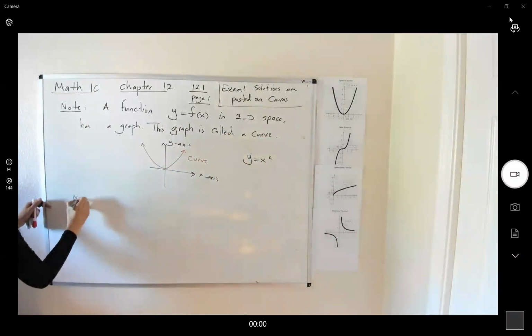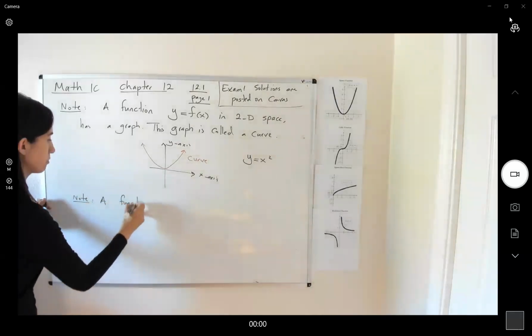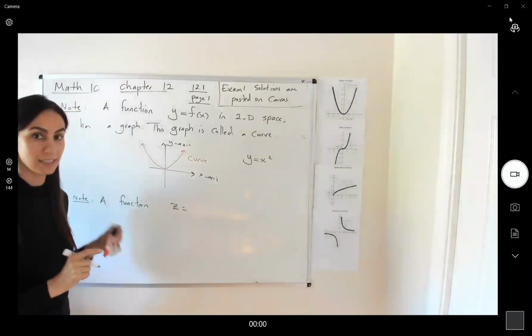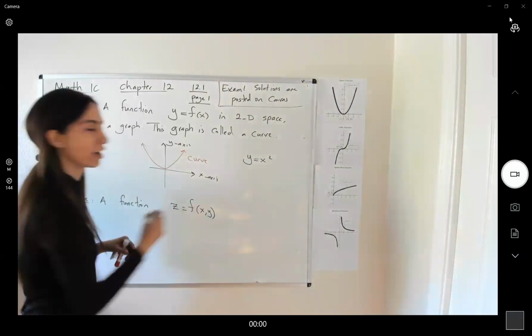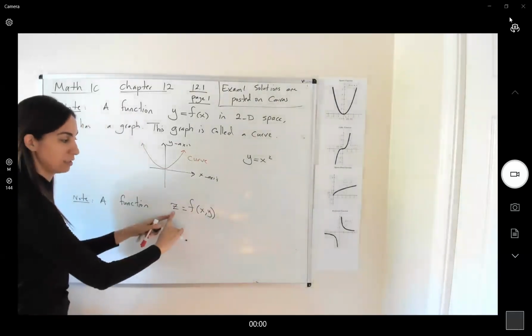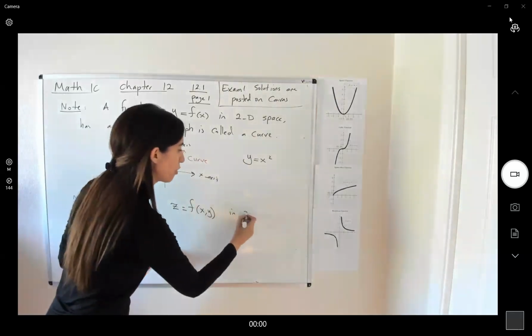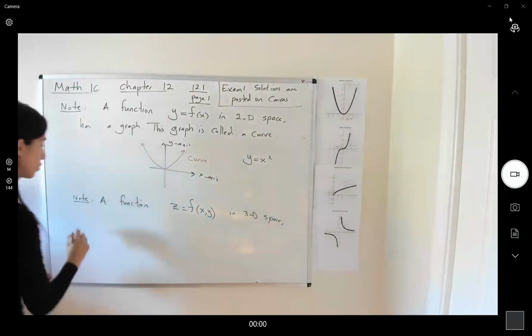Note, a function like z equals f of x and y. Z depends on x and y in three-dimensional space. Of course, it has a graph.